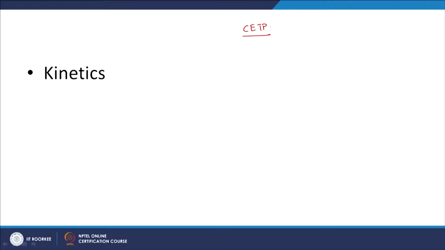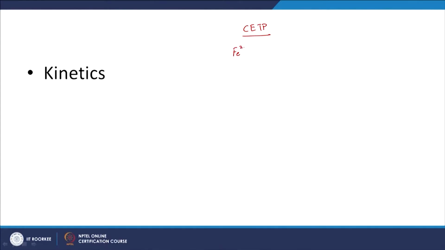In one of the first or second classes of this course, we talked about the CETP personnel adding a source of Fe2+ as his coagulant, his reasoning being that it's generally cheaper, and he didn't believe there was a great deal of difference in the mechanism between adding Fe2+ or Fe3+ and their actions as a coagulant.